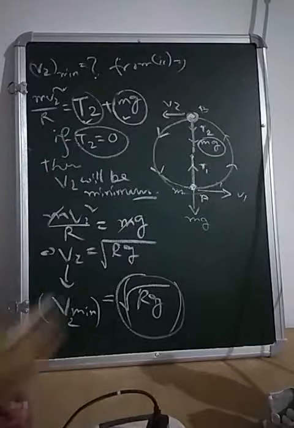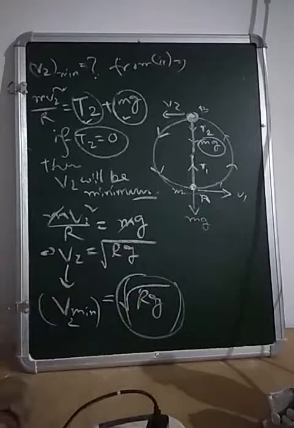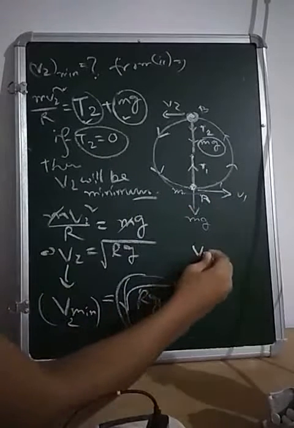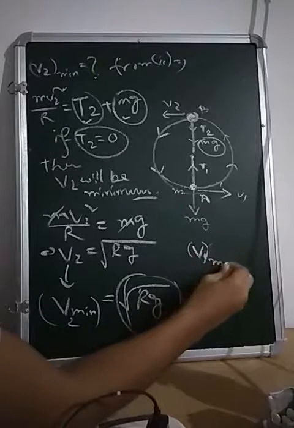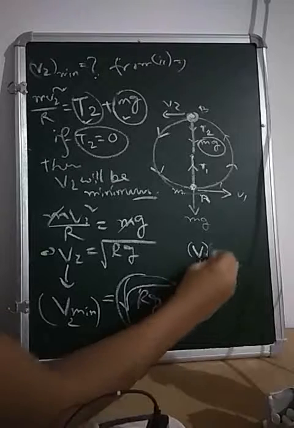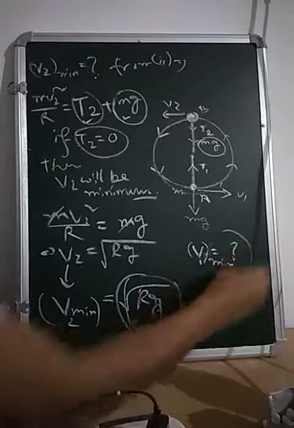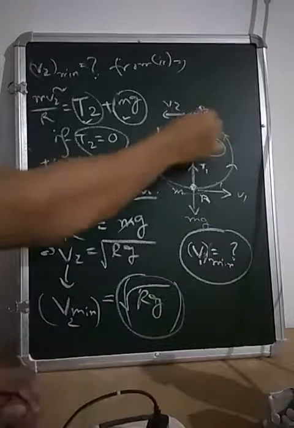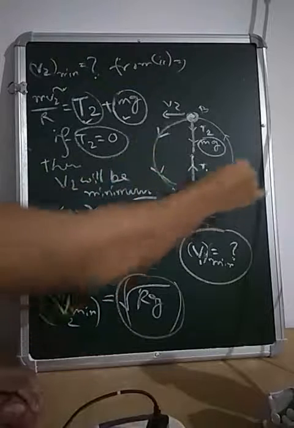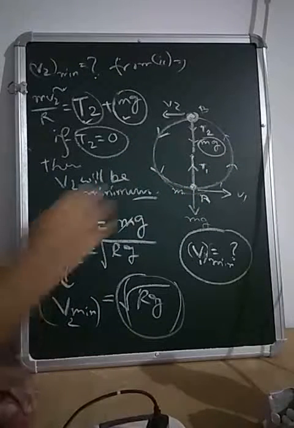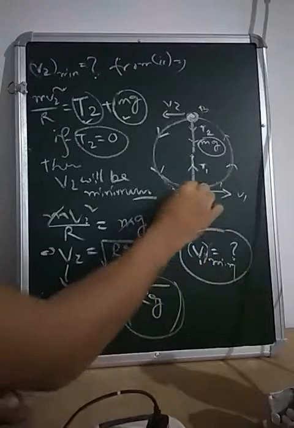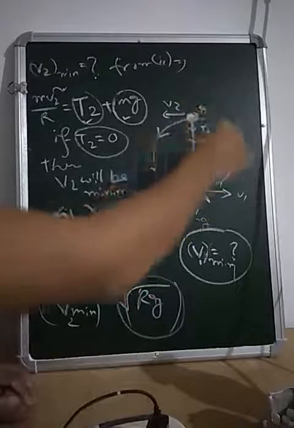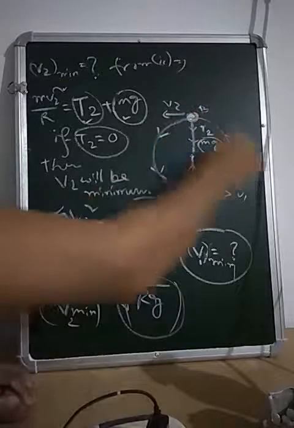Similarly, we can also calculate the minimum velocity at position A to complete this vertical circle.